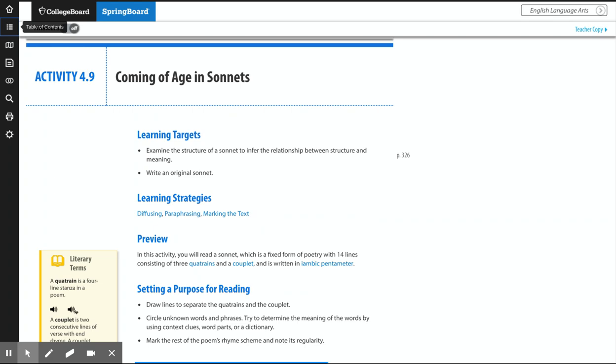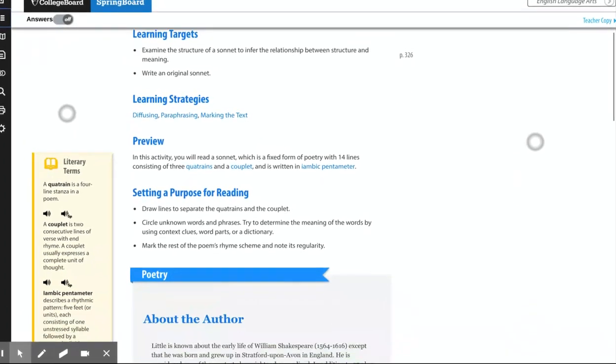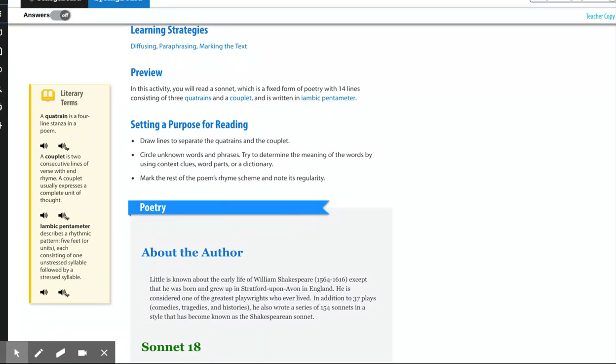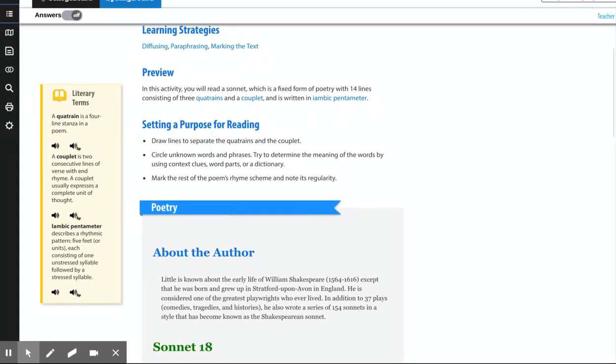So, what I want to look at is first the literary terms in the box on the left. So, if you look in the yellow box, there are 3 terms that are going to help us understand how the sonnet is structured. So the first term that you can see here is quatrain.